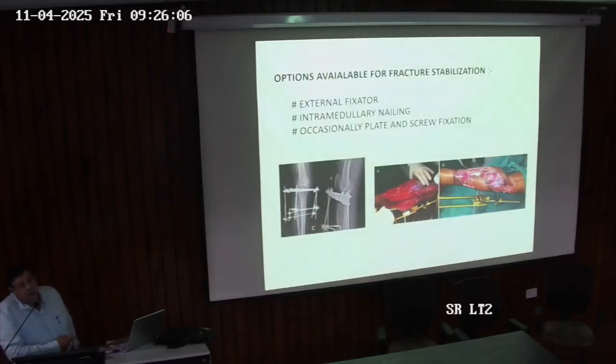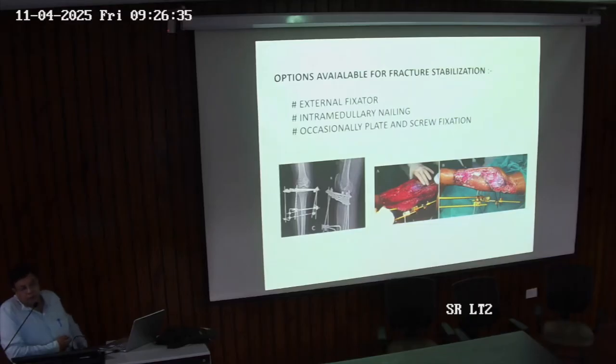So options available in external fixation, you may have seen tubular fixation and the ward. Here the metal tubes are fixed with the Schanz screws going through a small incision in the skin.